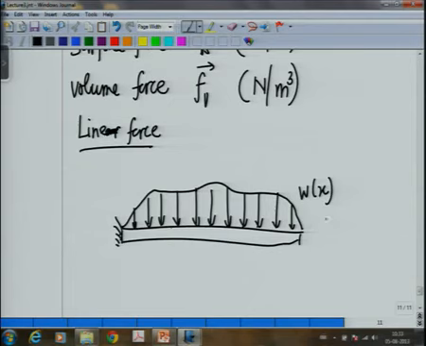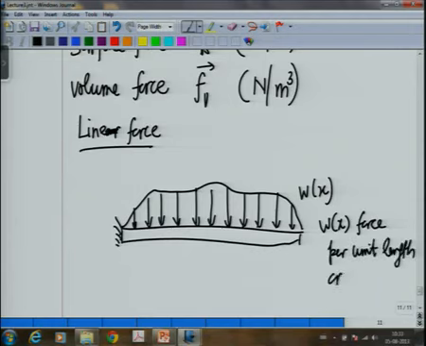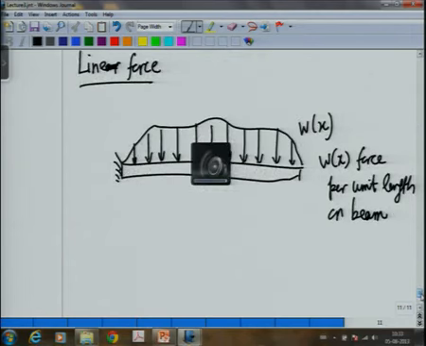W of x is the force per unit length acting on the beam.